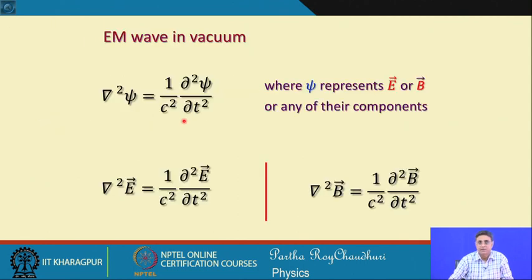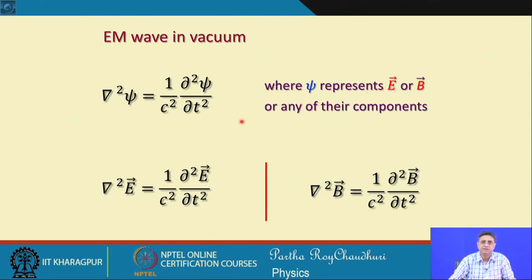So, we first consider the basic wave equation, which is in this form: del square psi equals 1 upon c square times del square psi by del t square. Here psi represents the electric field or the magnetic field or any of their components.